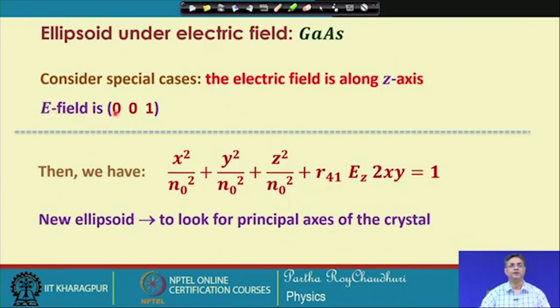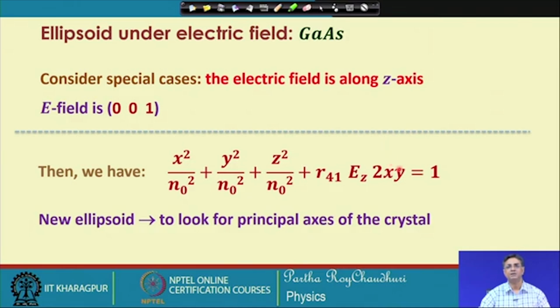So, the electric field is in the 0 0 1 direction, that means you have the E z direction only. So, only this E z component, E z electric field, survives in the ellipsoid equation, and then we can do the diagonalization of the matrix corresponding to this ellipsoid equation, or we can simply inspect that there is a cross term associated with x and y, that means it requires a rotation about z.